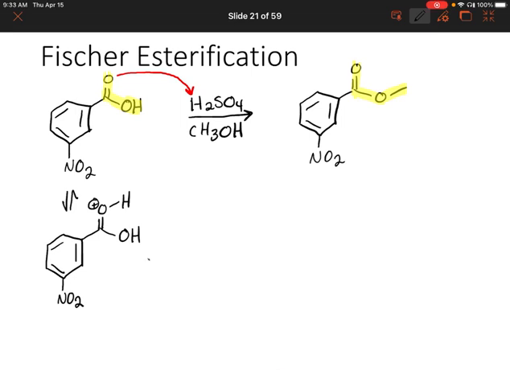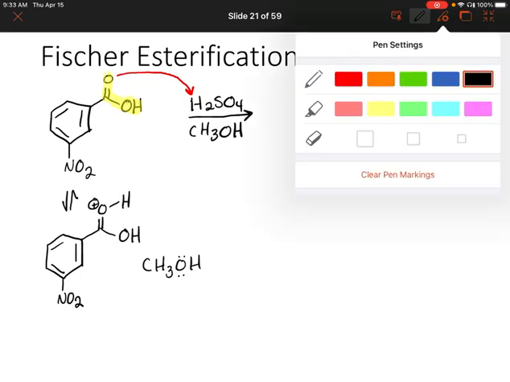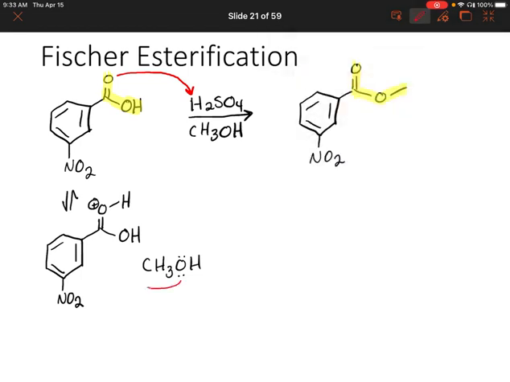And then in the next step, our alcohol is going to come in and act as the nucleophile. So the oxygen atom is going to attack that carbonyl carbon, just like we saw before. And then we're going to end up with a tetrahedral intermediate.